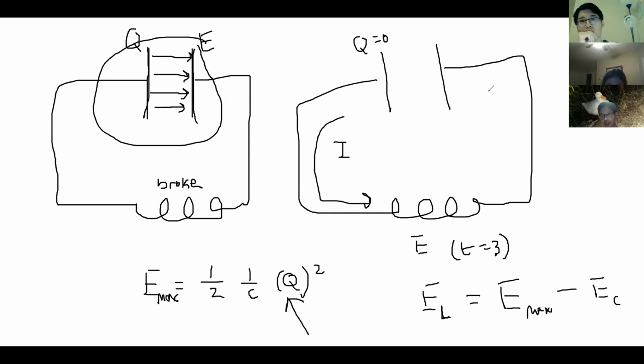This is like the oscillations. Okay, does that make sense? I'm going to move on now. We have to move on. Just think about a spring from back in mechanics.